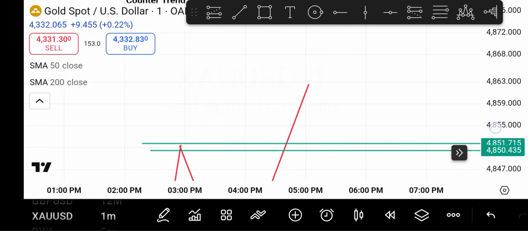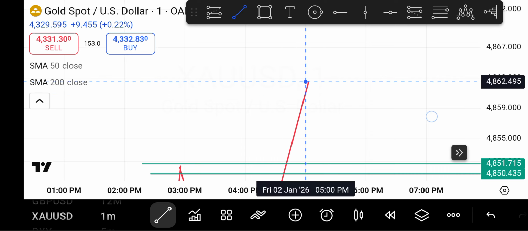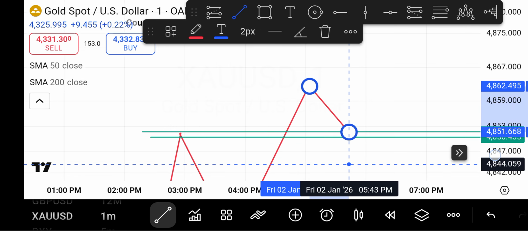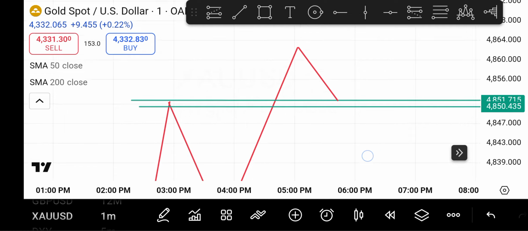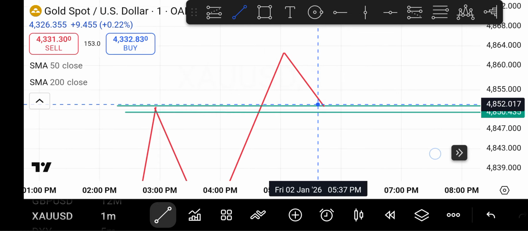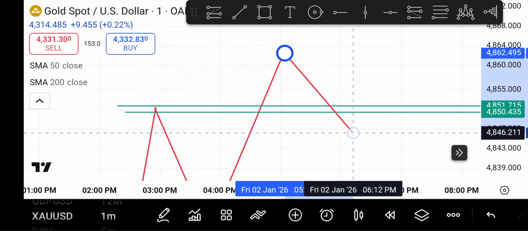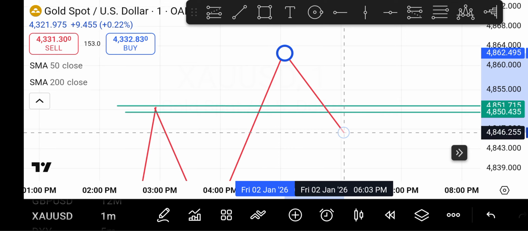Let's say I mark out this zone here, and the price comes back to the zone like this. But instead of moving backward, it reverses, or it closes below the zone.